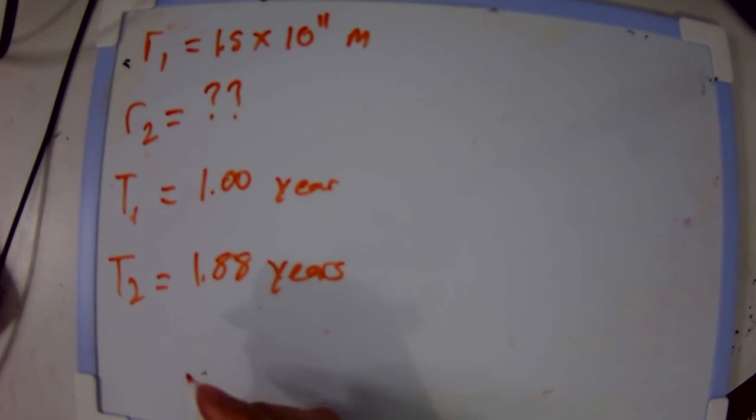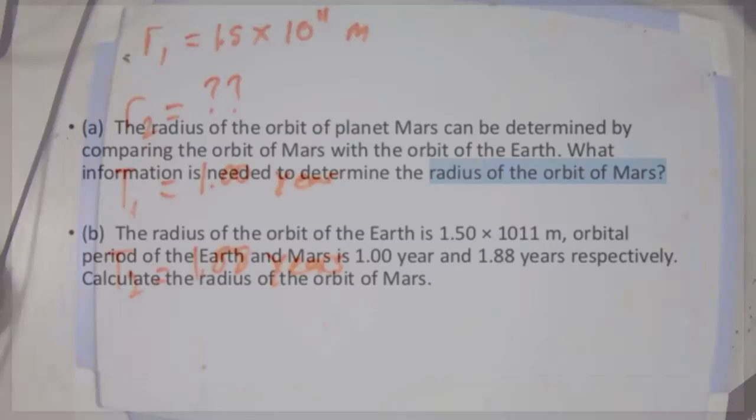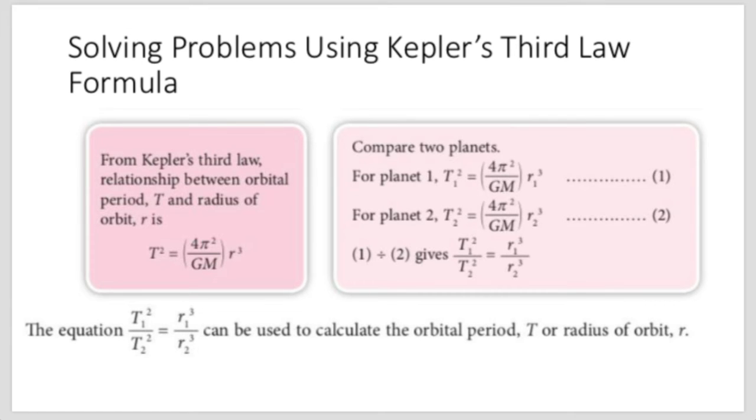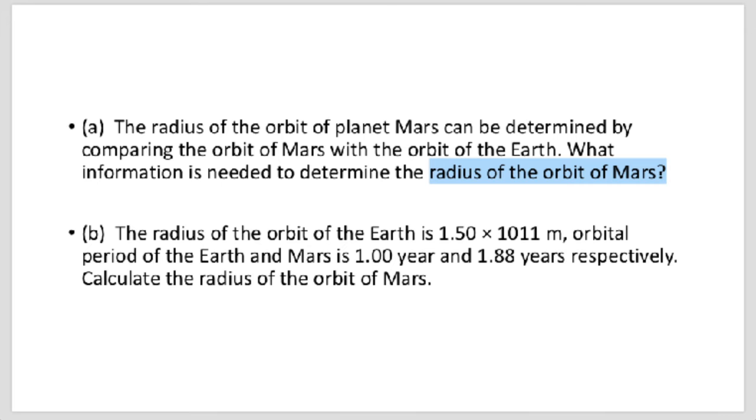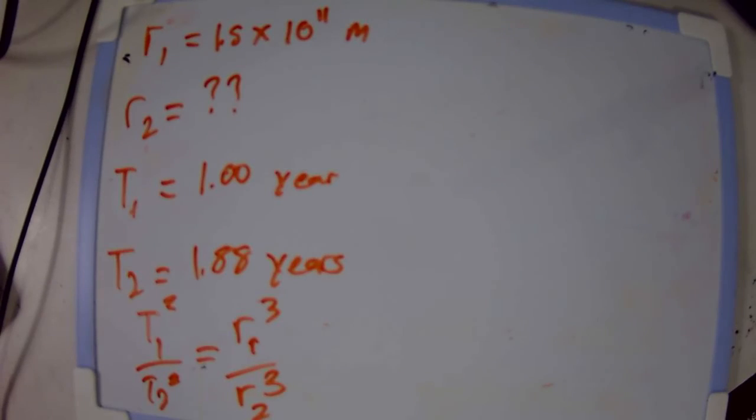All right. So now we have all the information we need to calculate everything. We just need to choose the formula. We've already chosen our formula ahead of time, because the formula that we're going to use is this one: T1 squared over T2 squared equals R1 cubed over R2 cubed. Now we just need to put it in our solution. If we were to write it out, it's going to look something like this.